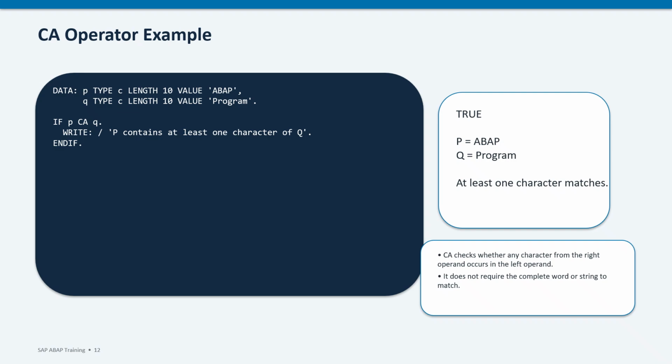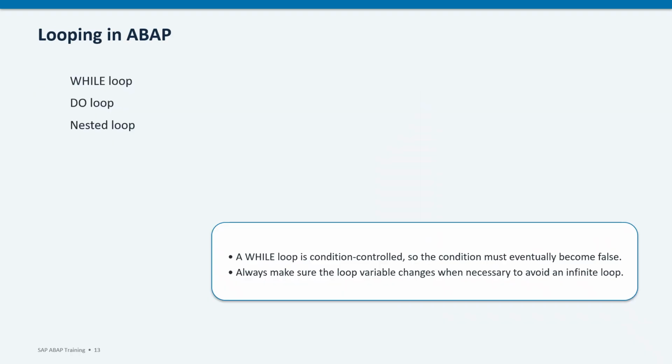Here, if P contains any Q, in this case P contains at least one character of Q. Here we can see the output. P is there, so at least one character matches, and that is why this condition is executed.